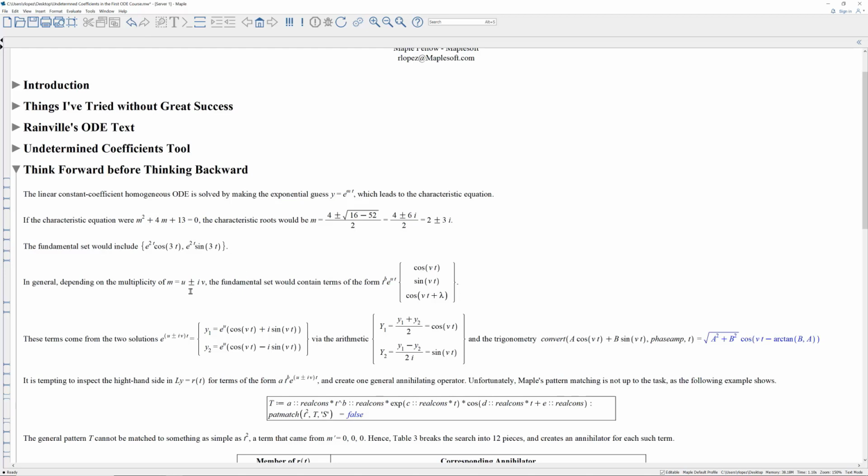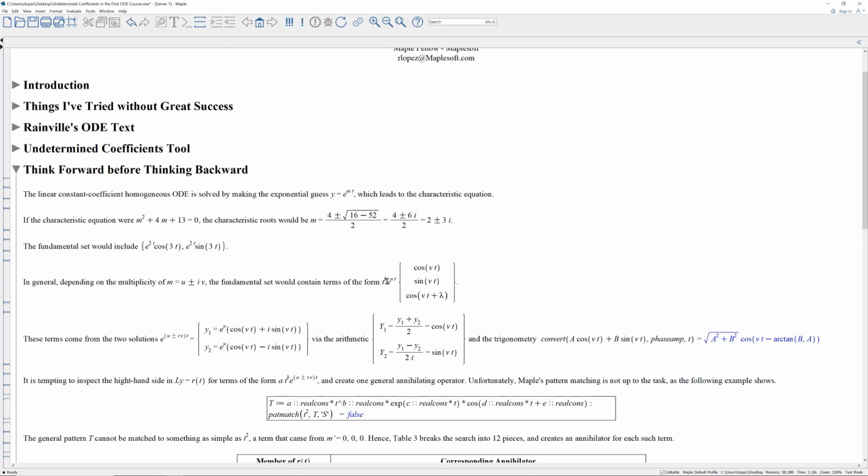All right, so now, in general, depending on the multiplicity of that complex number, u plus or minus iv, which is really two complex numbers, the fundamental set would contain terms of the form, well, here's e to the real part, that's this here, and from the iv part, it could be a cosine, it could be a sine, and we make provision for cosine vt plus some number.